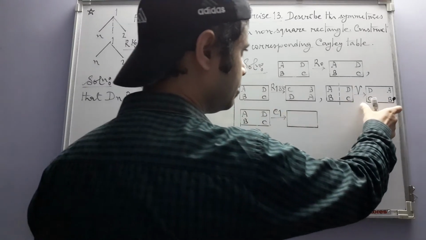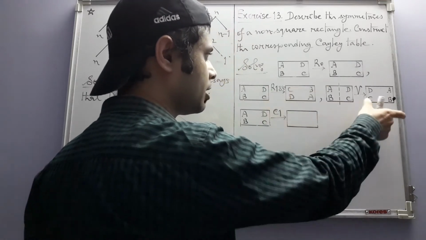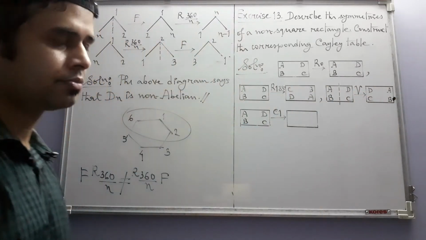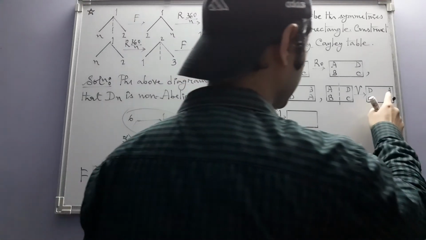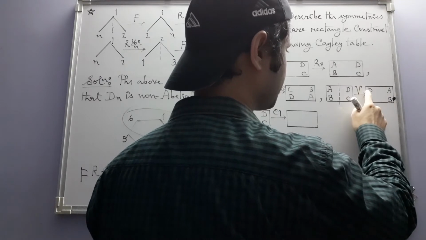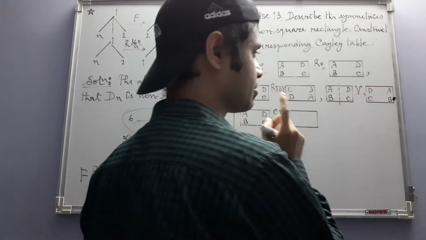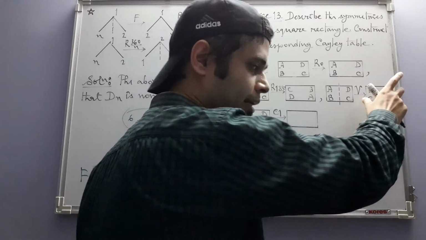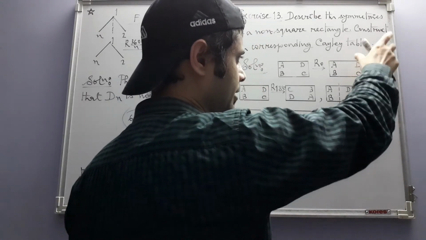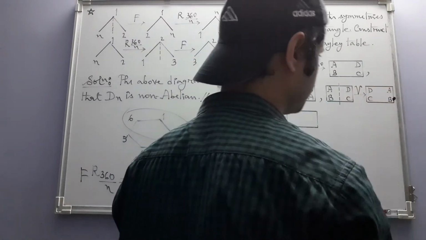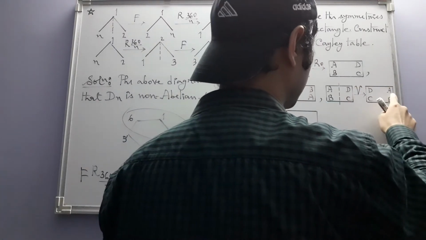C1 is achieved by performing an R180 rotation to this arrangement. So that does what? It first takes A to the place of D. Actually it does not take A to the place of D, because if you perform one 90-degree rotation, it comes in this upright position, and then you perform one more 90-degree rotation.